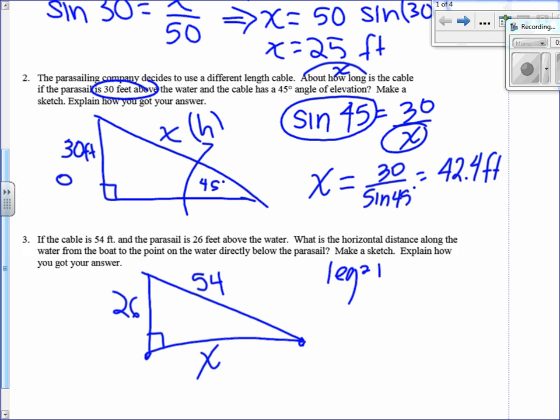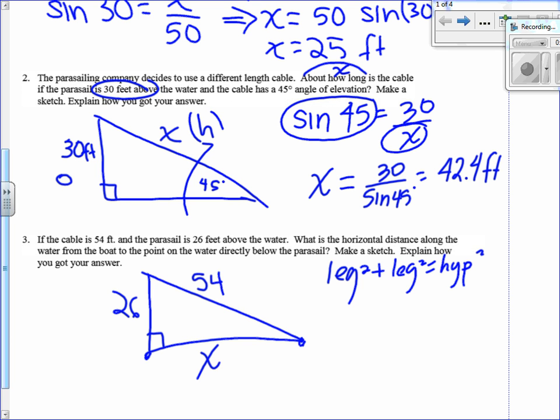Leg squared, leg squared, and we'll have that squared. It's the same thing as A squared plus B squared. But it doesn't matter which leg goes first, both legs. You have to use the Pythagorean theorem because you don't have an angle. But once you know two sides of a right triangle, you can always use the Pythagorean theorem.